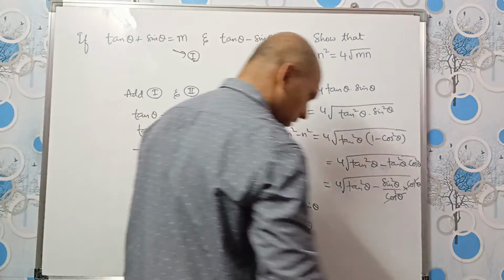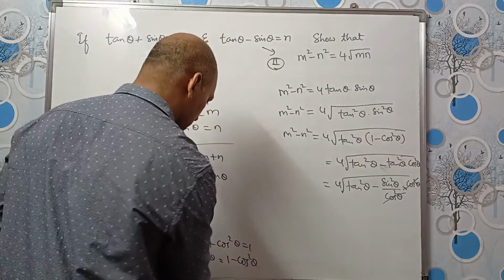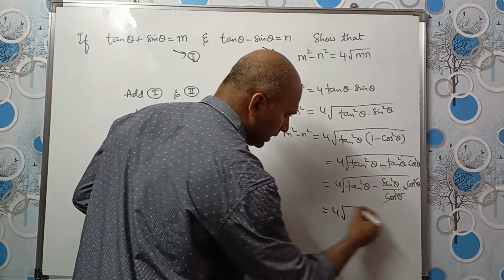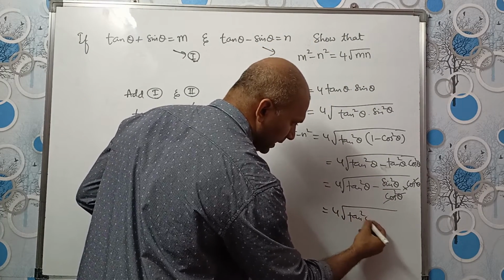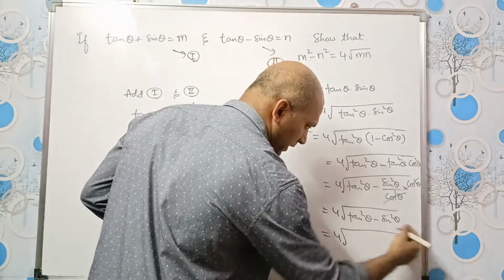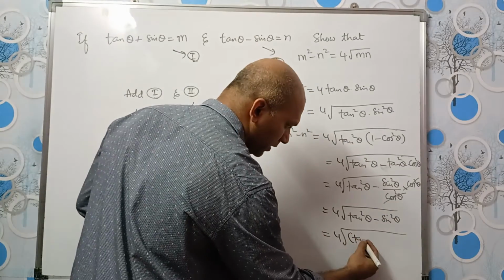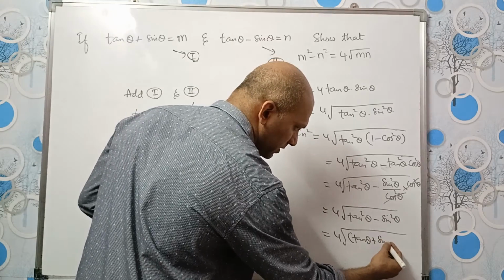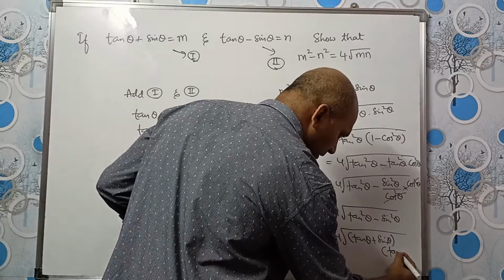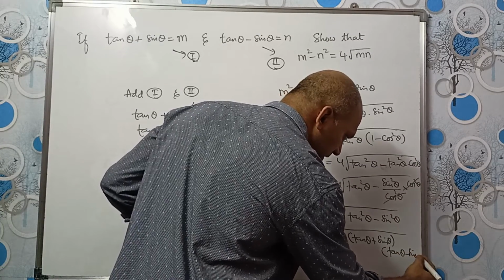So what do we have now? We have 4 under root of tan square theta minus sin square theta. So this is 4 under root of a square minus b square. So a square minus b square is tan plus sin times tan minus sin.